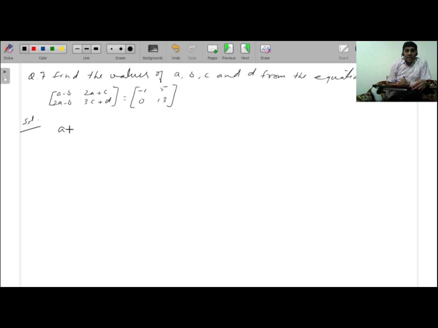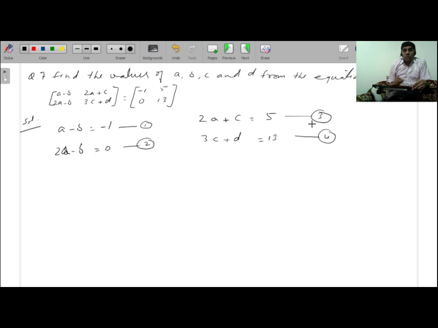This implies a minus b is equal to minus 1, 2a minus b is equal to 0, equation 1 and equation 2. 2a plus c is equal to 5, equation 3. 3c plus d is equal to 13, equation 4.